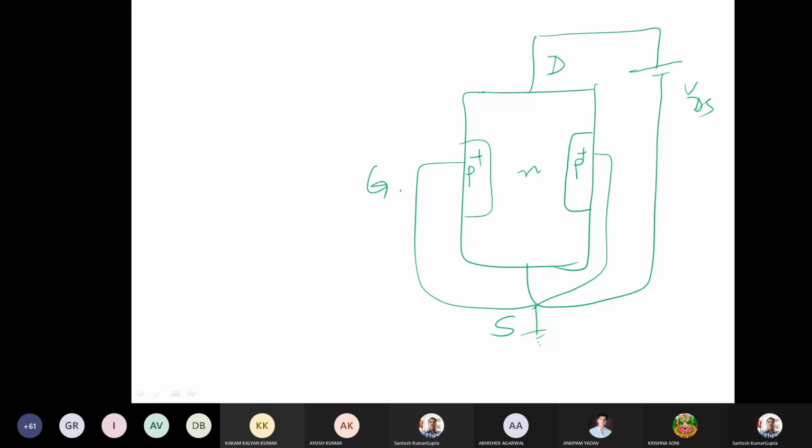Like this. So for a particular value of VDS, we will start flowing the current. For small values, suppose we start with a small value of VDS.